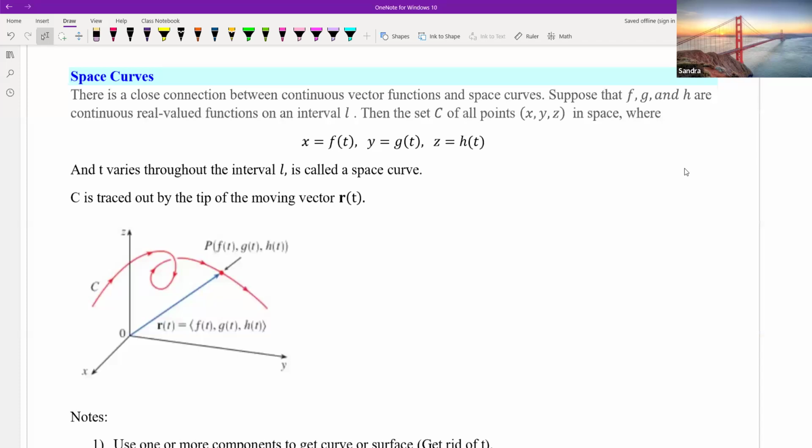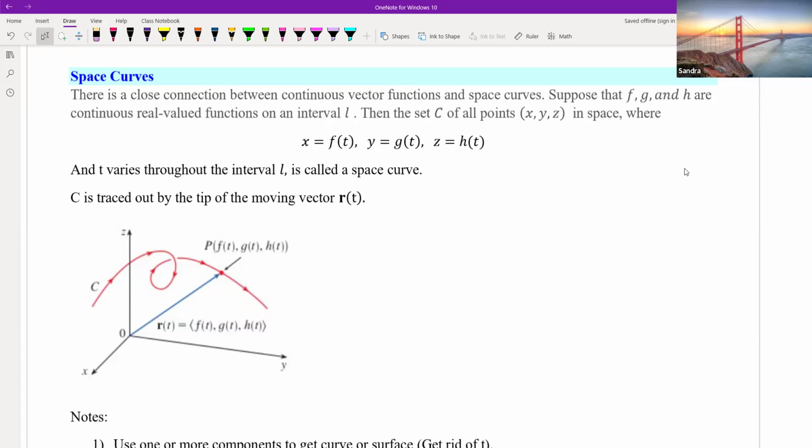Suppose that f, g, and h are continuous real-valued functions on an interval L. Then the set C of all points (x, y, z) in space, where x equals f of t, y equals g of t, and z equals h of t, and t varies throughout the interval L, is called a space curve. C is traced out by the tip of the moving vector r of t.